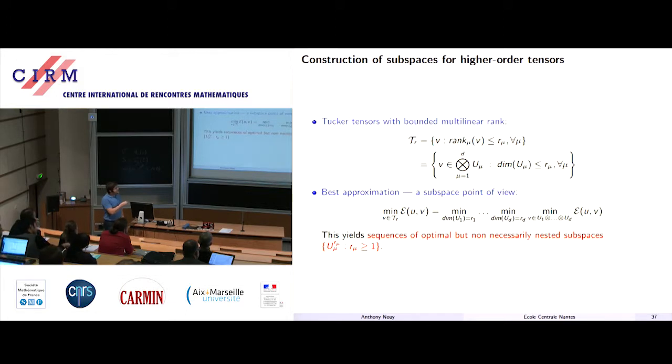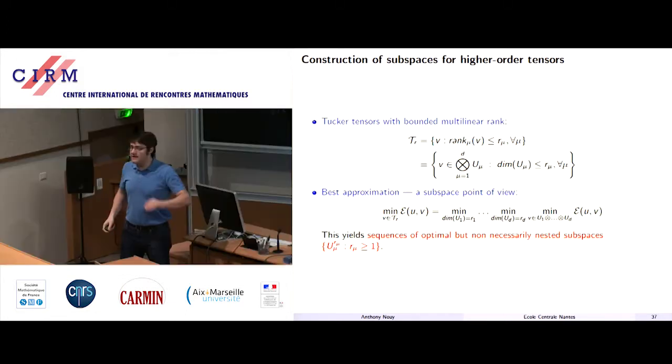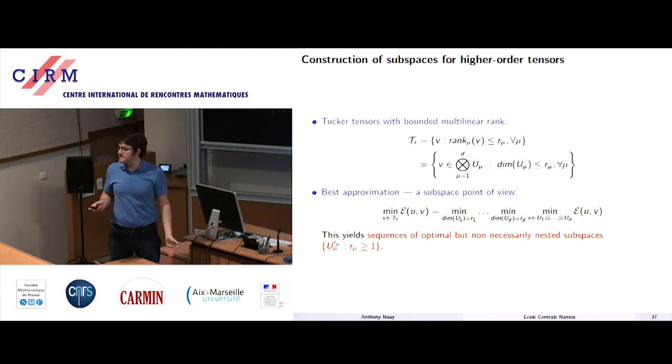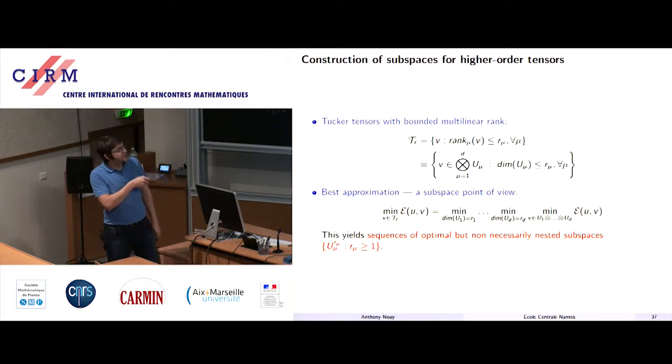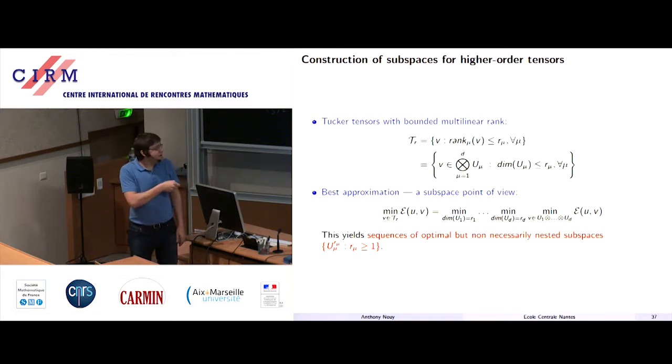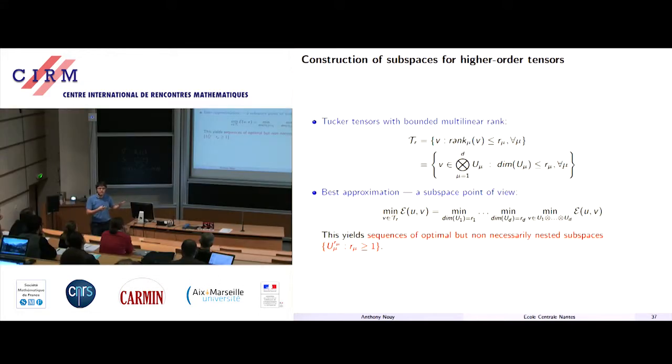In fact, this subset can be seen as a set of elements that live in the tensor product of R mu dimensional spaces. You have a reparametrization of this subset in terms of low dimensional spaces. So the best approximation in this subset is nothing but an optimization problem over a set of R mu dimensional spaces. You have a direct translation of what I presented before to this higher order setting.